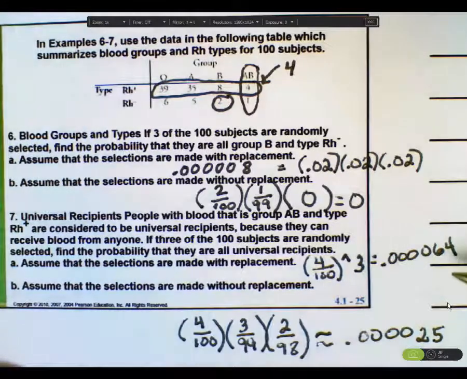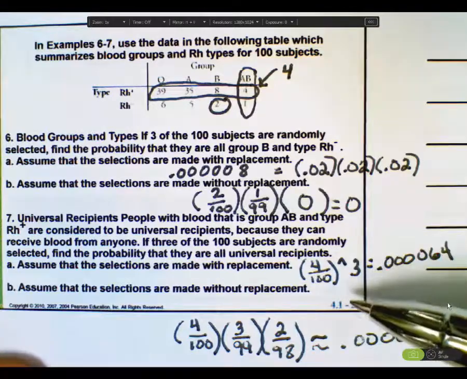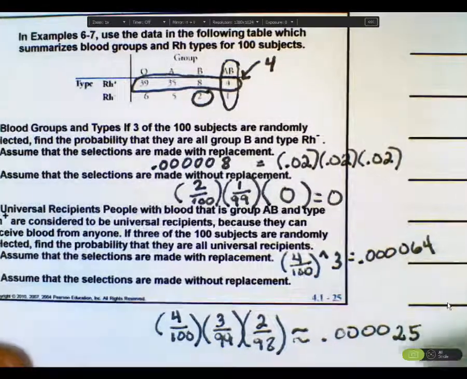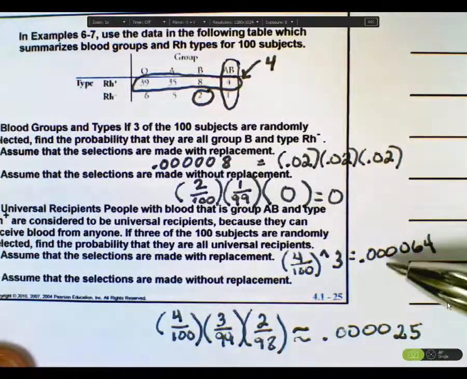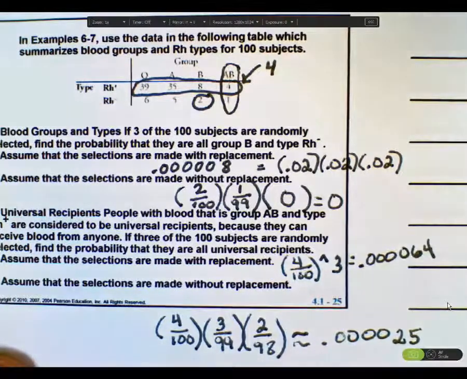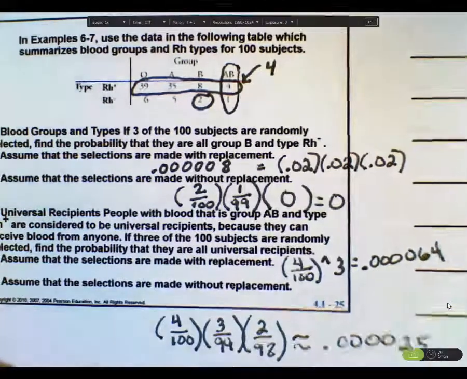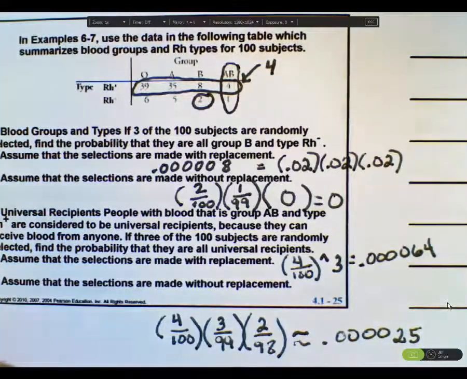So with or without replacement, the probability of getting 3 universal recipients is lower. It's a little higher if you sample with replacement than it is without replacement, but either way, it's very unlikely that you would draw 3 universal recipients out of 100 people needing blood.